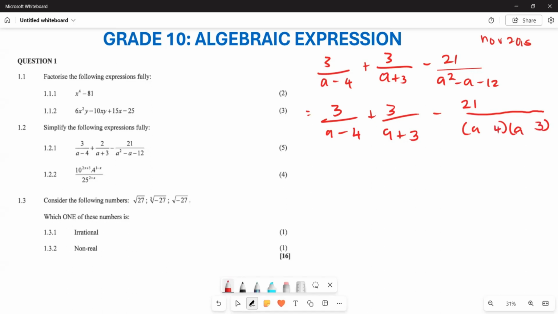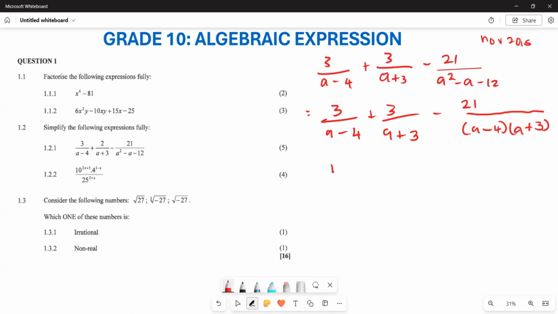Which one needs to be negative? The bigger factor takes the sign of the middle term. So this is going to be negative and this is going to be positive. Once again, now that you have this, I want us to come back and look at whether there is anything we can do from here.